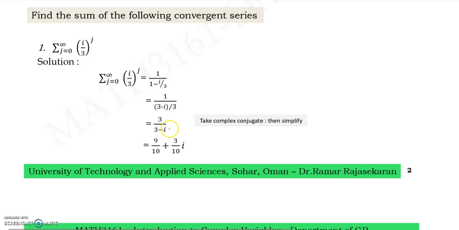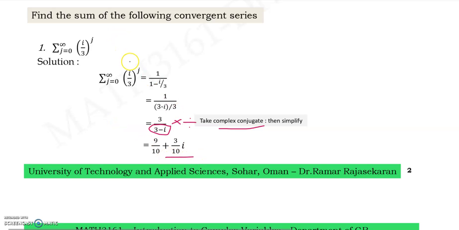Then you take the complex conjugate of this denominator, because this is a complex number in the denominator, then multiply in the numerator and in the denominator, then you simplify it, and you will get this complex number in the form a plus ib. This is nothing but the sum of the series i over 3 whole to the power j from 0 to infinity.